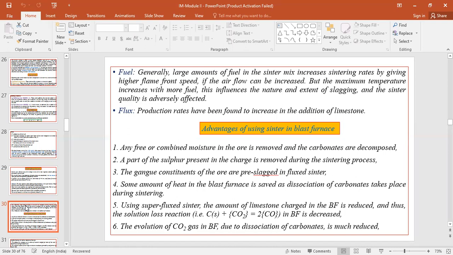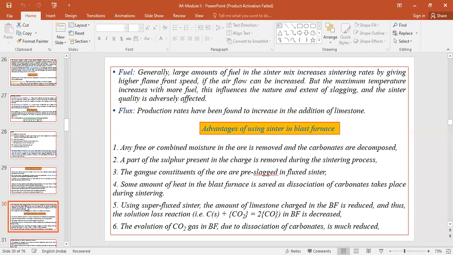The endothermic reactions demand an enormous amount of heat if they happen inside the blast furnace. Those endothermic reactions, the carbonate dissociations, especially the limestone dissociation, demand an enormous amount of heat. Once it has happened outside the blast furnace, then certainly you can save the amount of heat, in terms of amount of fuel also.